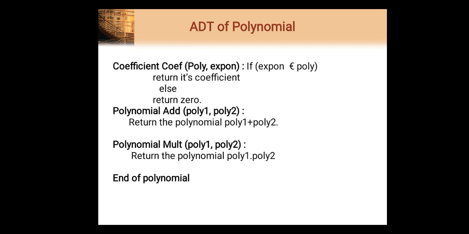If your polynomial has some exponent value, then it will return its coefficient, otherwise it returns 0. Then you can perform addition of 2 polynomials. You can perform multiplication of 2 polynomials. In this way you can write different operations on the polynomial. So while writing the ADT, first we need to list out the different operations which we can perform on that topic. And at the end of this ADT, again I am saying end of polynomial. So in this way we can write ADT on a polynomial.